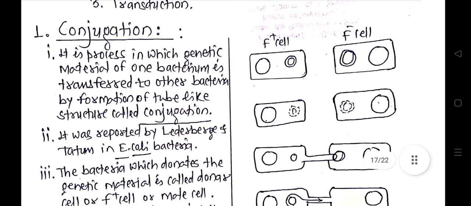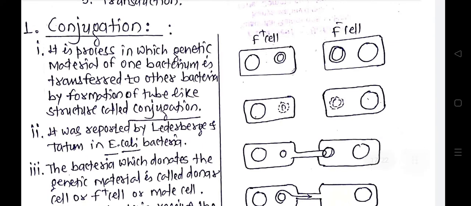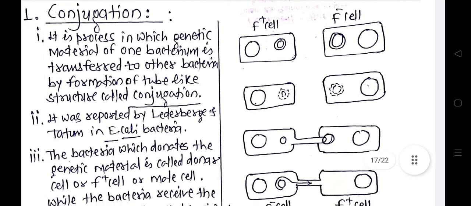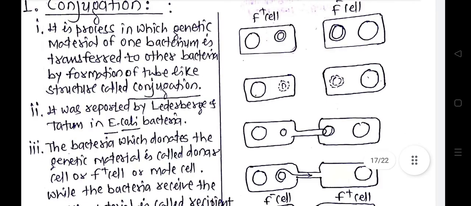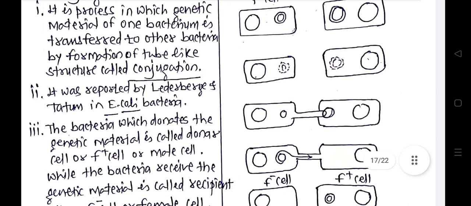So look here, the conjugation. In this process, two bacteria lie in front of each other. They form a tube, which is called the conjugation tube.